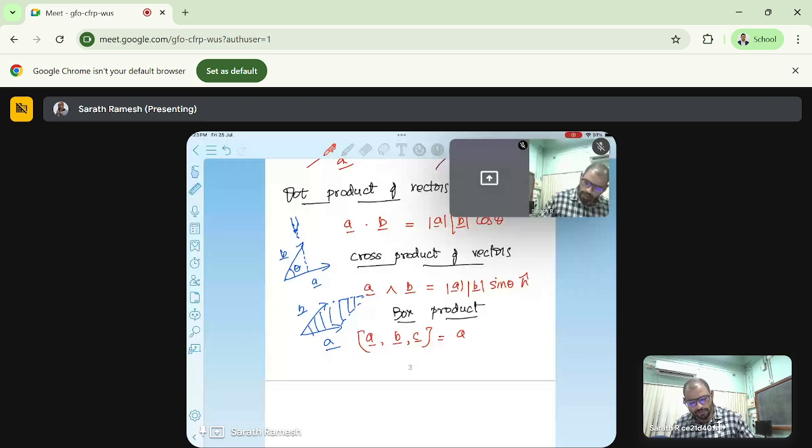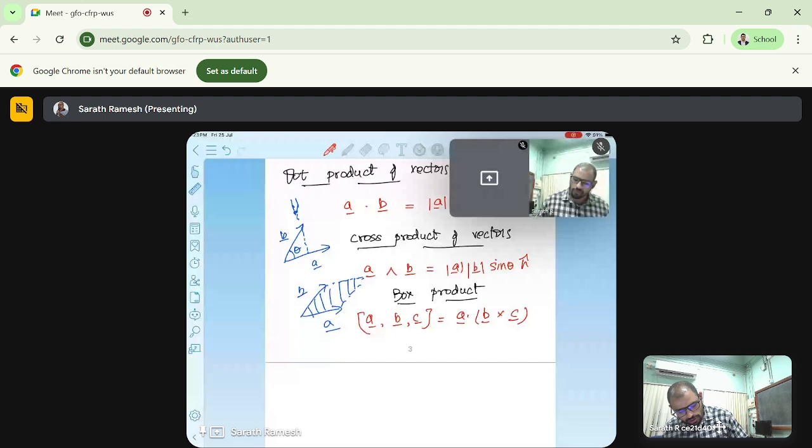You might have had an assignment question saying, let's take this as question number 1. Suppose vector A is equal to 2Ex plus 4Ey plus 3Ez, and another vector B is equal to 4Ex plus 6Ey plus 8Ez.